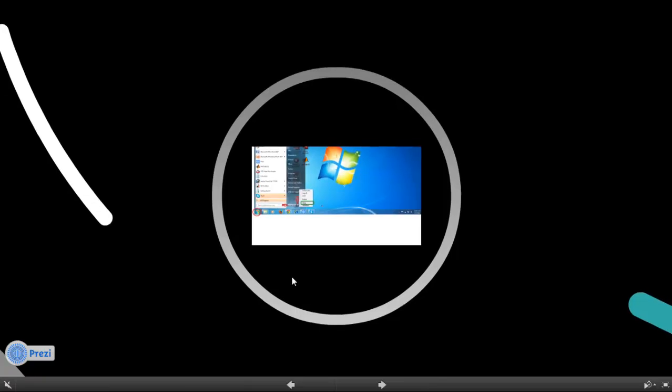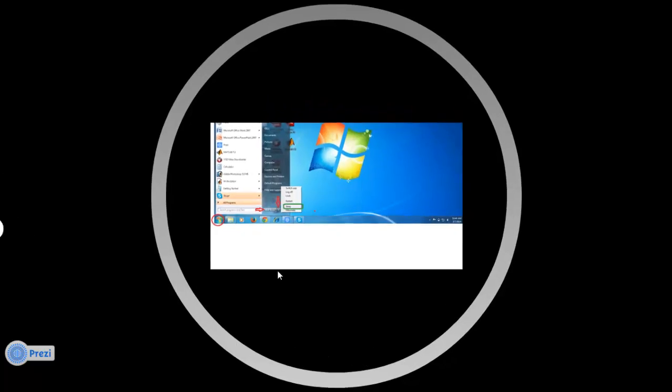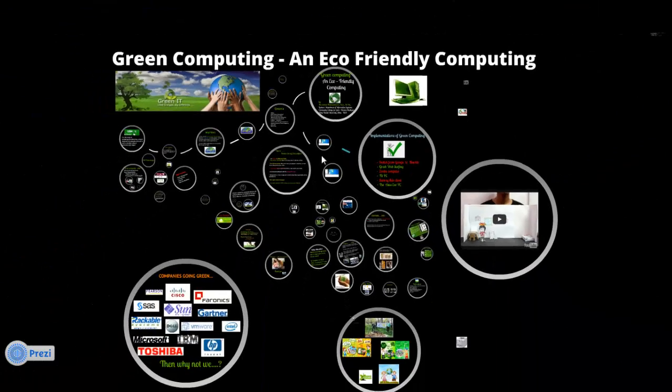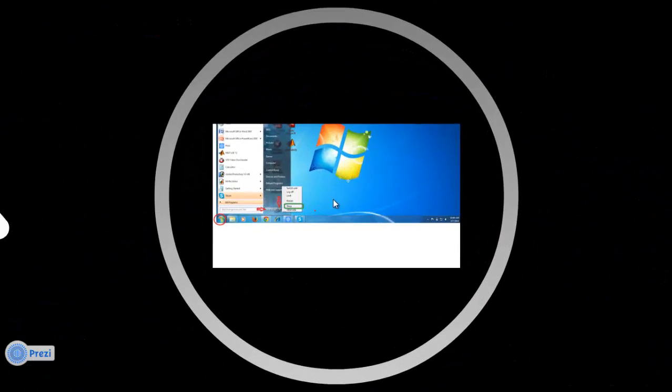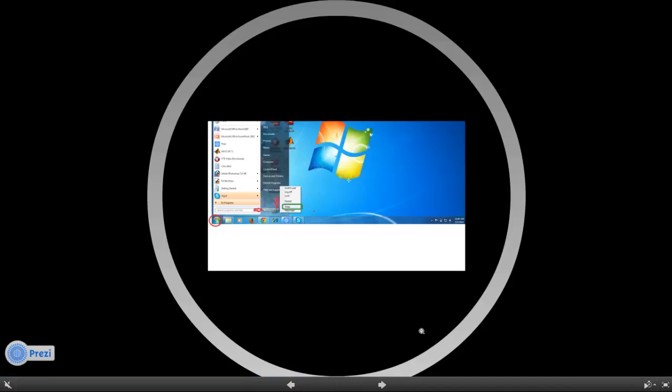Let me tell you now how to use sleep mode. Okay, let me describe how to put your computer in sleep mode. What is sleep mode?